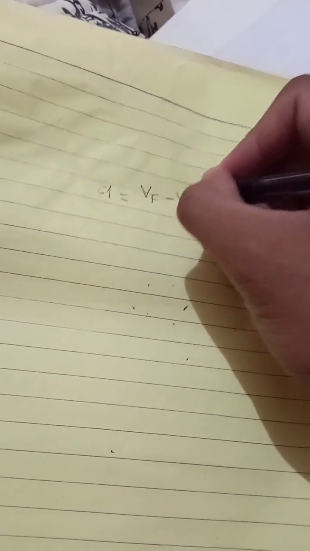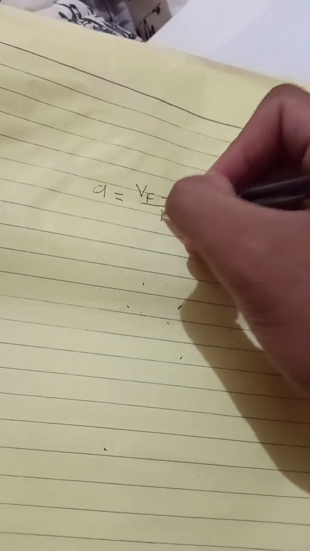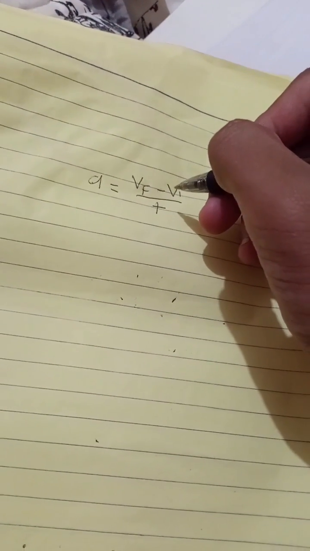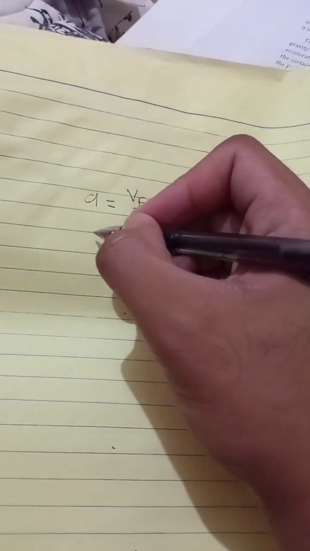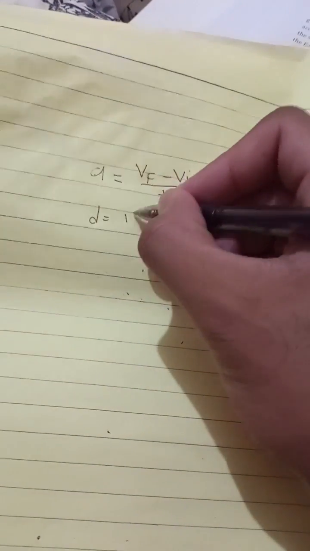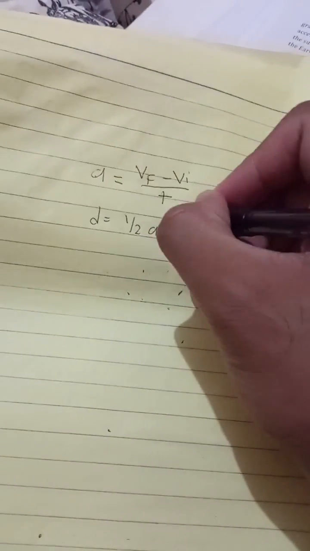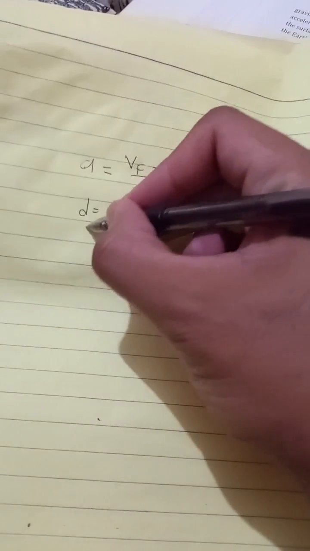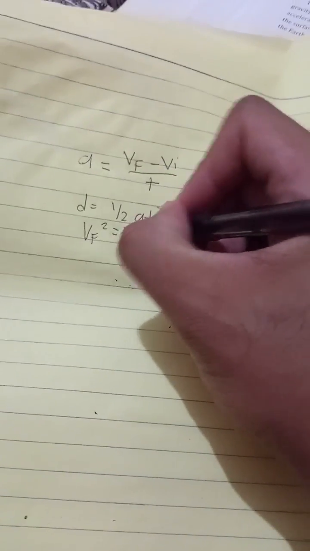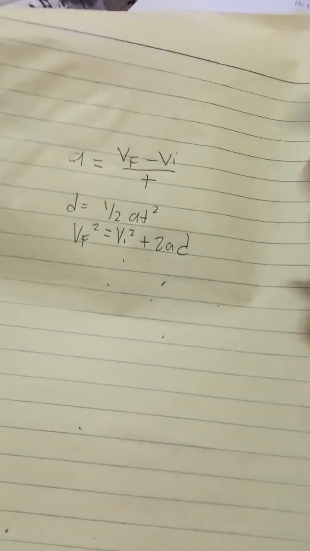So, you guys may know the typical formula, which is A is equal to VF minus VI over T. Some other formulas would be D is equal to 1 half of AT squared, or VF squared is equal to VI squared plus 2AD.